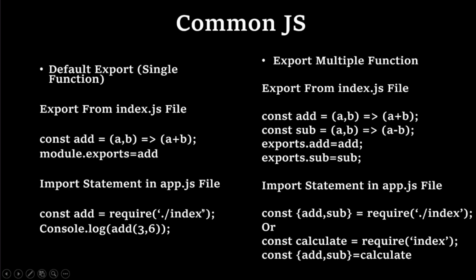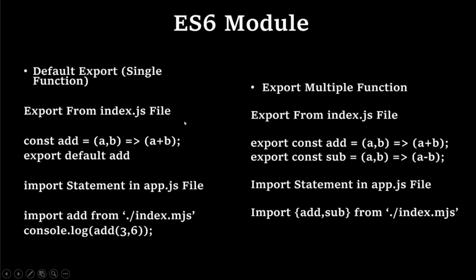Here in CommonJS, it's not mandatory to write the extension .js, but in the ESM module, the extension is .mjs. Every ESM module in Node.js should be named with the .mjs extension. So to export a single function, we write export default add, and while importing, we write import add from ./index.mjs.